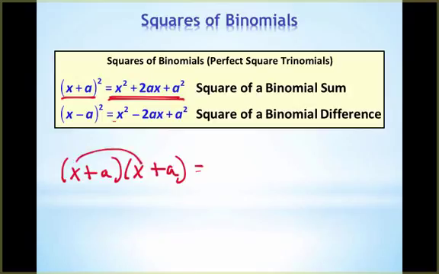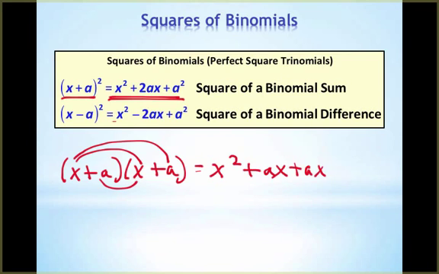So if we do FOIL for this, we would have x squared first. Outer would be plus ax. Inner would be plus ax. Now I want you to realize why I write this outer as ax. Normally if we have multiple variables, you want to put them in alphabetical order. So ax and xa are the same, but it's easier to recognize that these are like terms when you write them in the same order.